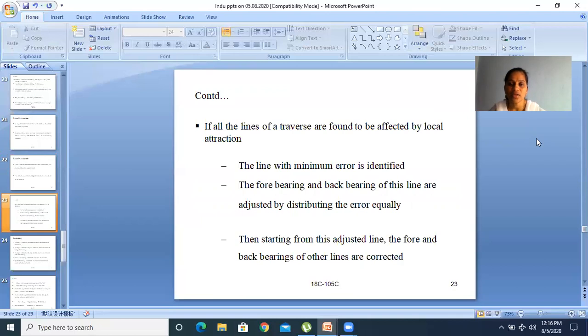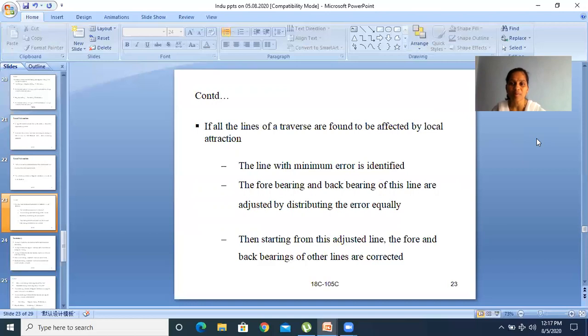If all the lines of a traverse are found to be affected by local attraction, then we can calculate all the traverse lines' forebearings and backbearings, and the line with minimum error is identified among these. At the time of field work, we could not find local attractive forces, but at the time of calculation, if we find them, then we can minimize the error.